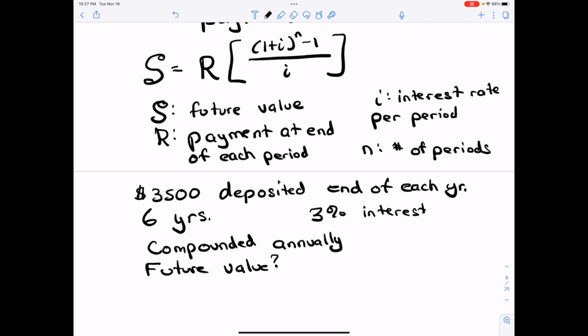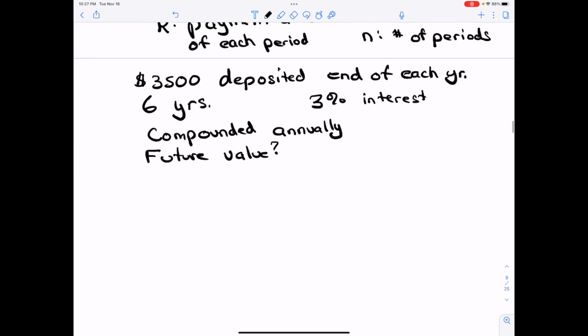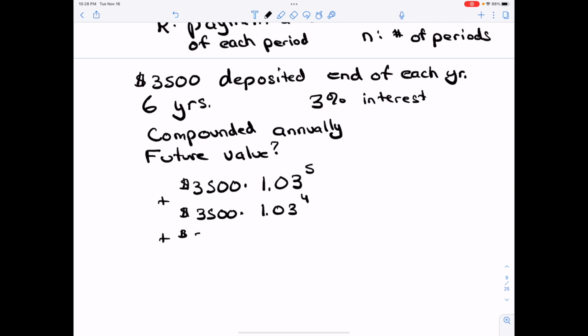You could think about the fact that, okay, the first $3,500 deposit is earning 3% interest, so you multiply by 1.03, but this is done 5 times. The second one gets to earn it 4 times. Third one gets to earn it 3 times.